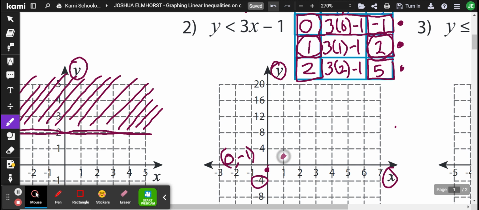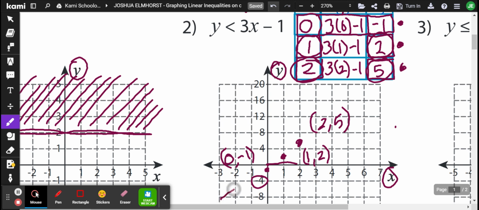Okay, so now this is x is 1, y is 2, and then we go to the third point. X is 2, y is 5. We go over 2, and then up past 4 just a little bit. So that is going to be 2, 5.